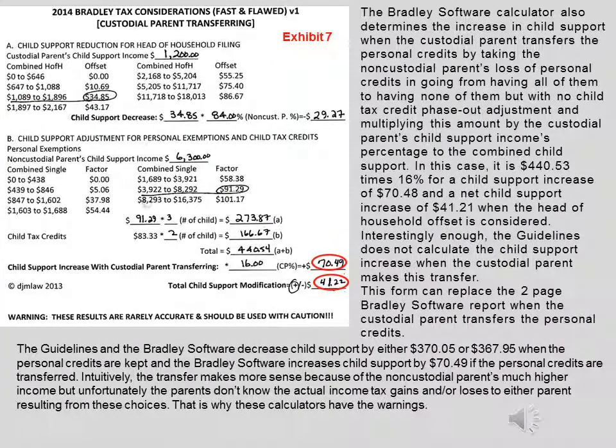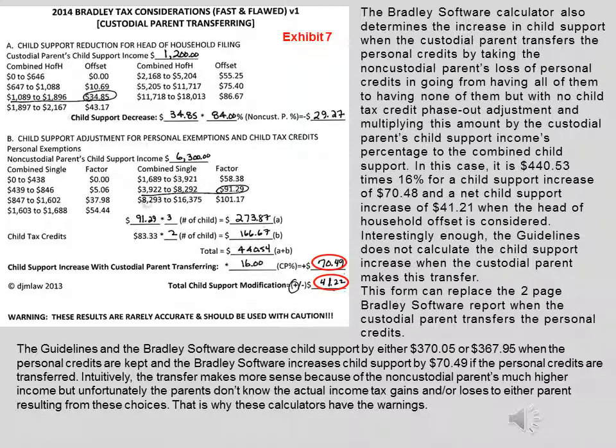The Bradley software calculator also determines the increase in child support when the custodial parent transfers the personal credits by taking the non-custodial parent's loss of personal credits and going from having all of them to having none of them, but with no child tax credit phase-out adjustment, and multiplying this amount by the custodial parent's child support income's percentage to the combined child support.